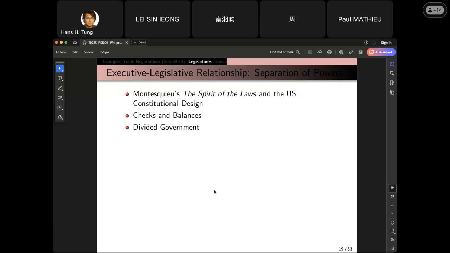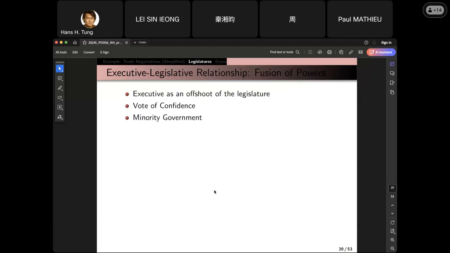By contrast, in a parliamentary system, the executive-legislative relationship is represented by the fusion of powers, and therefore, under the system, the executive is just the offshoot of the legislature, and we just showed you that, right?